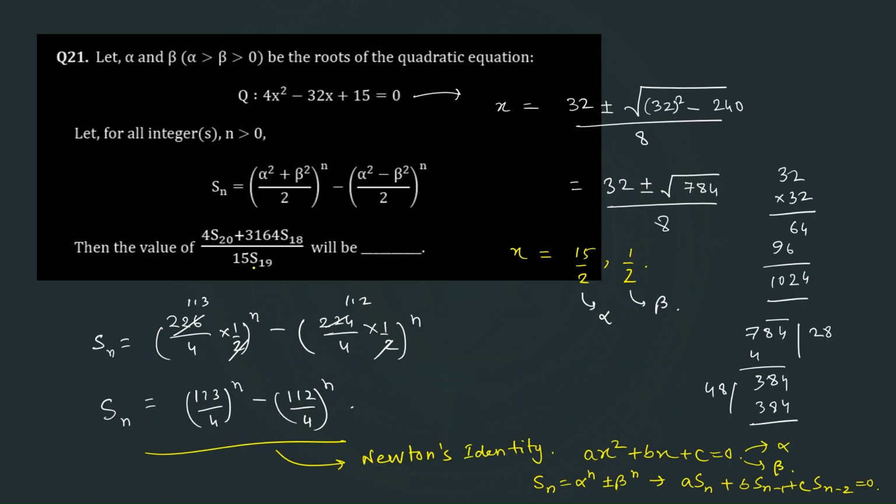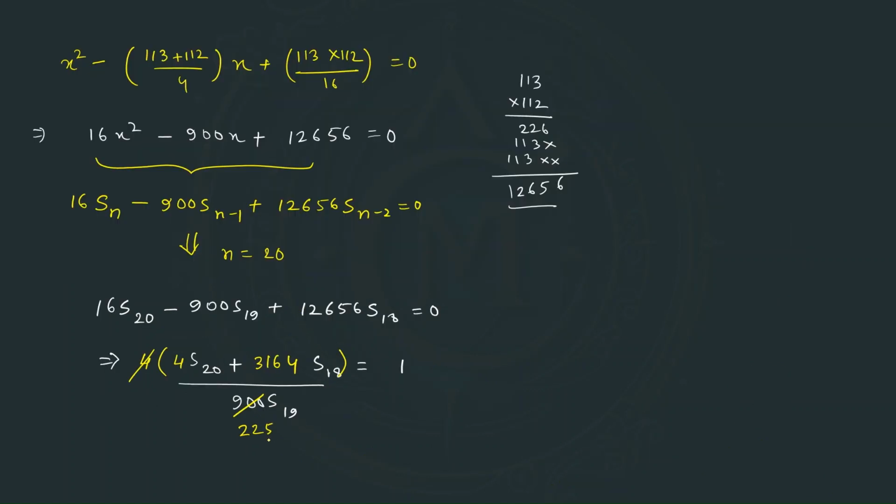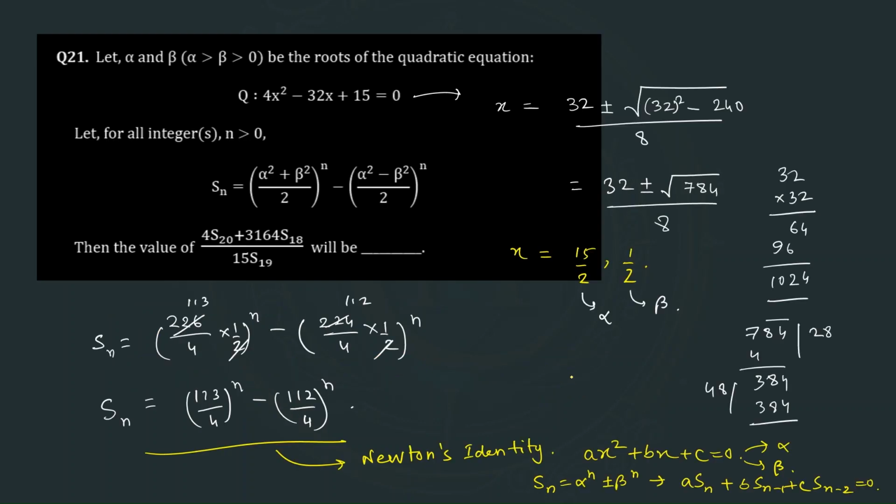So we have to calculate the value of this divided by 15 S19. Here 225 divided by 15 is 15. That means the value asked in the question is equal to 15. So 15 will be the correct answer for this question.